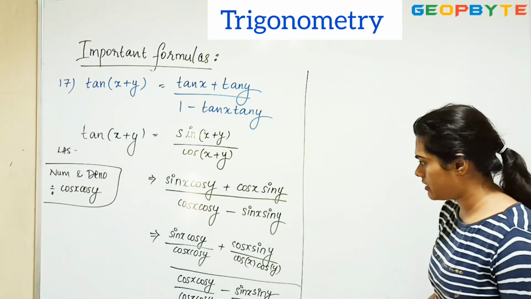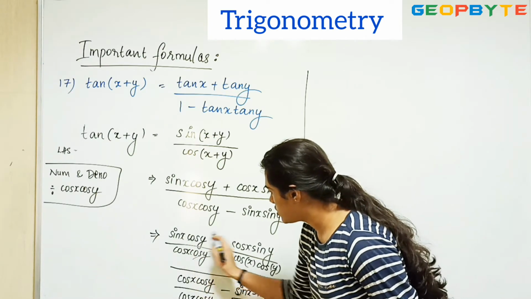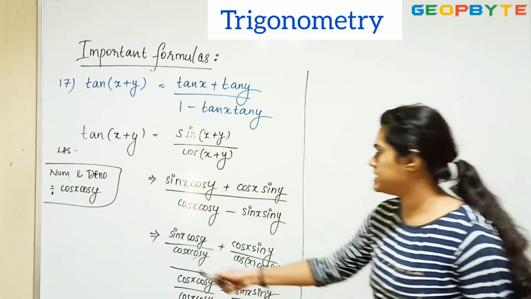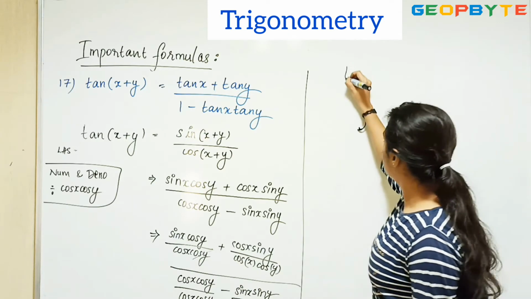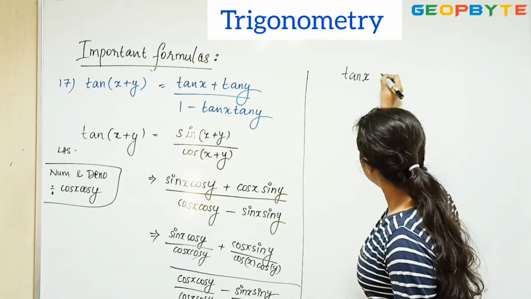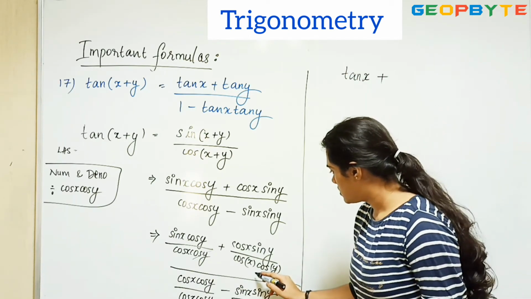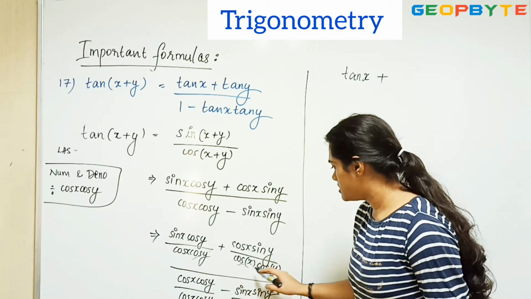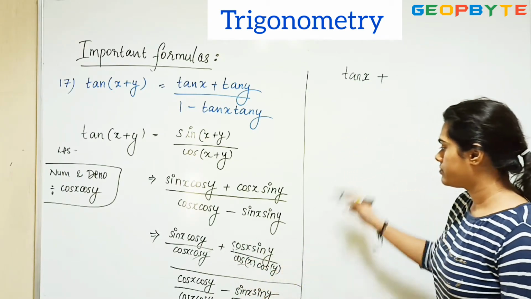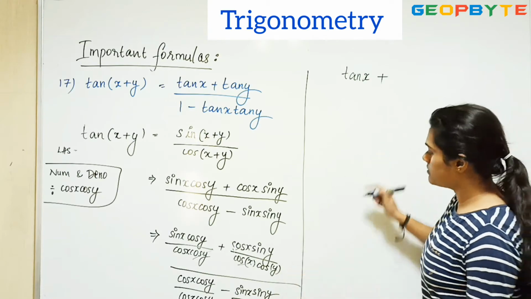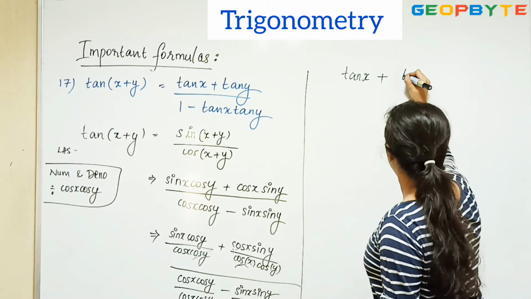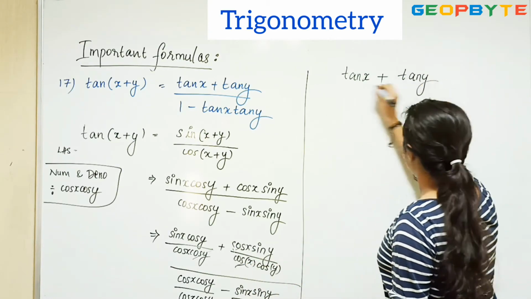Now see here, this cos y and this cos y get cancelled out. Only sin x by cos x is remaining. That is tan x, right? Here, what can you cut? Cos x and cos x I can cut off. So it will be sin y by cos y. That will be my tan y, right?